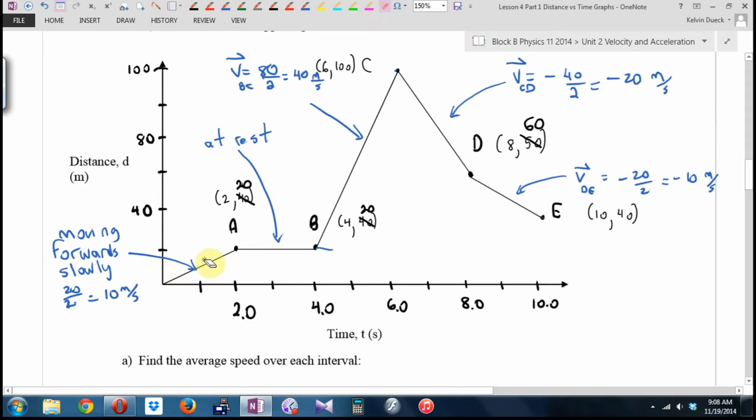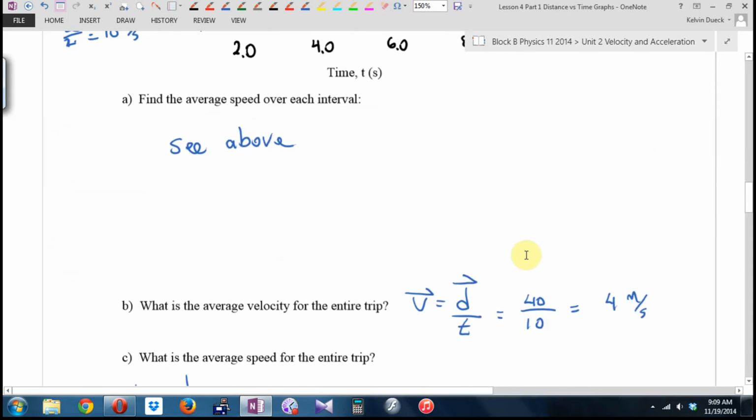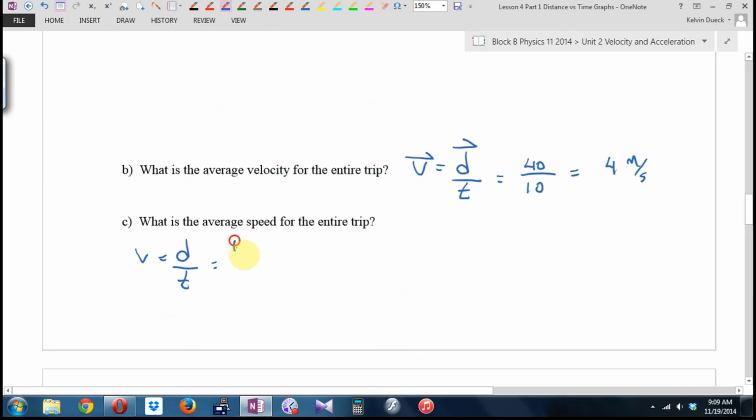I start at 0. I end up here. How far have I traveled? 100. Then I keep traveling, and I end up here. How much further do I travel? I don't care that it's backwards. What's the distance that I travel from here to here? 60, right? From 100, and I end at 40, so 60 more. So the distance is going to be 100.